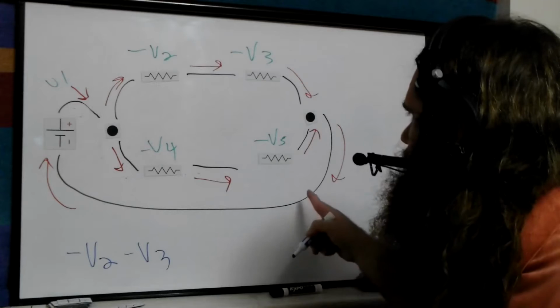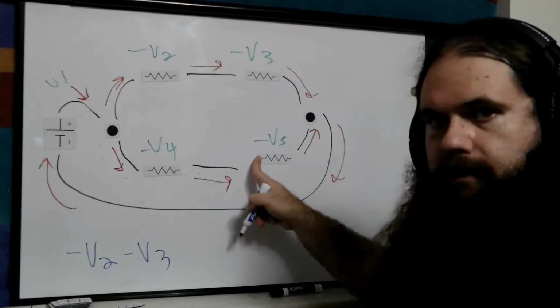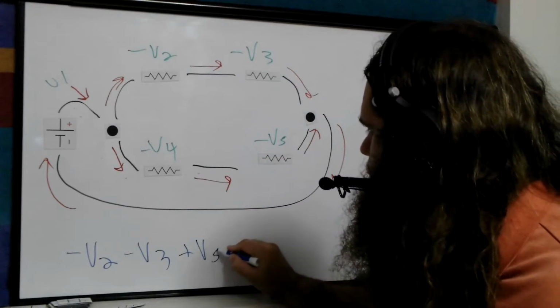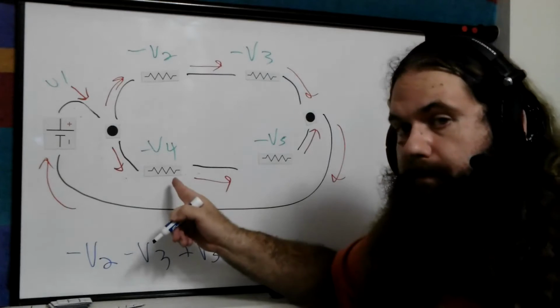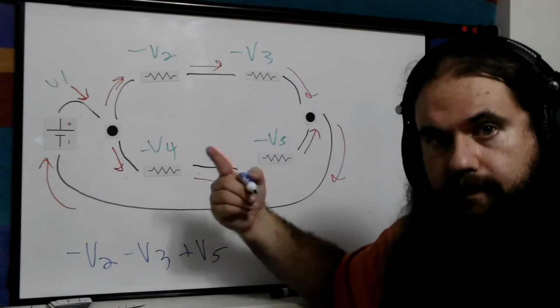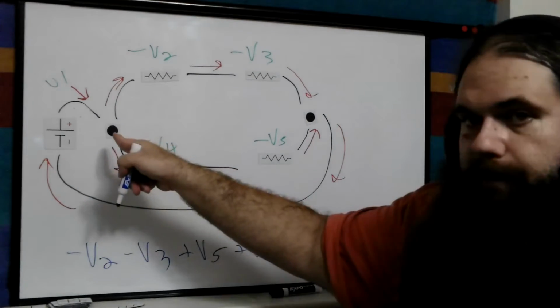It's the same thing. So instead of adding, we subtract negative V5. Minus V5 is plus V5. Again, we're going backwards across the arrow. So negative V4 negated is plus V4. And now we're back at the start.